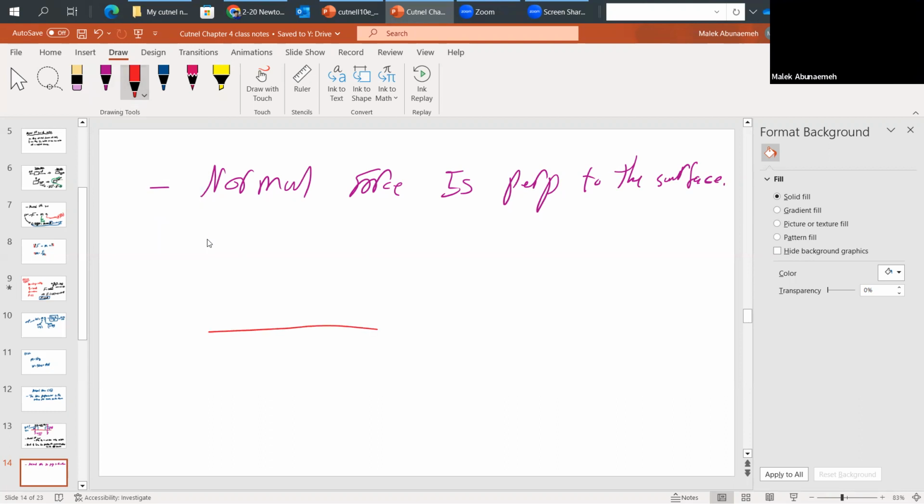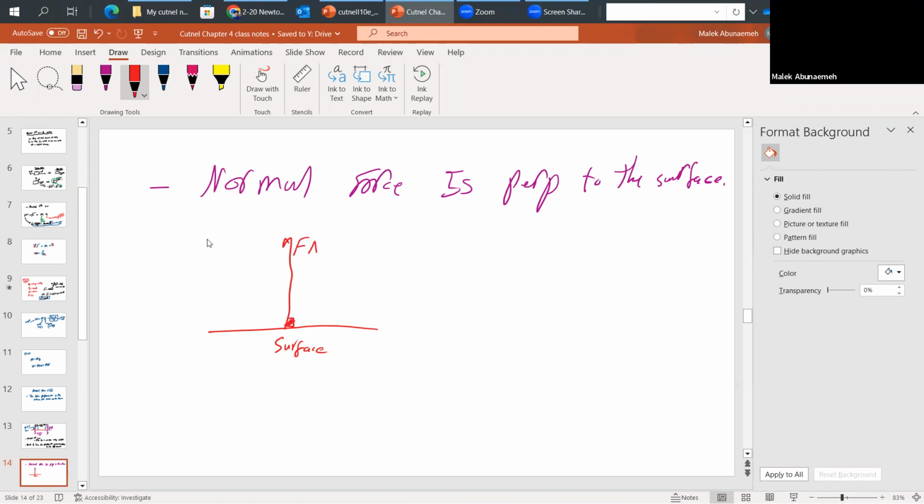So if you have a surface, your normal force would be perpendicular to that surface.